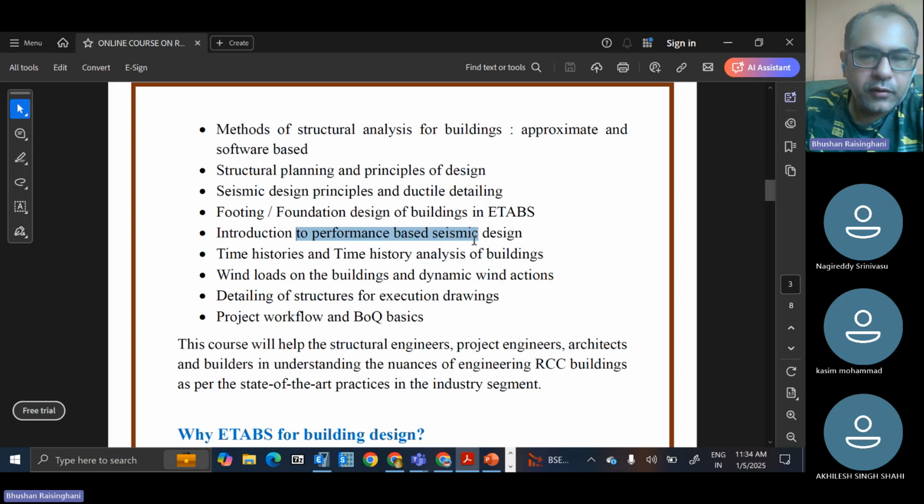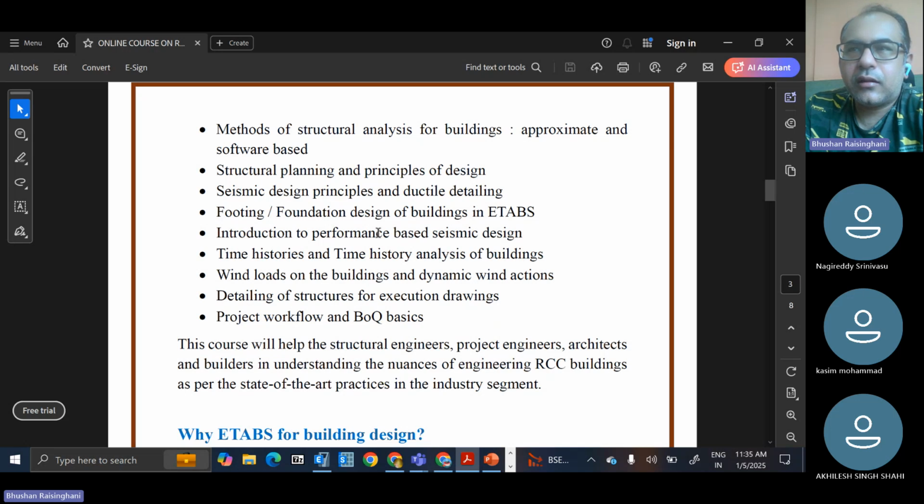Now, an introduction to performance-based seismic design, because it tells you what the important parameters are that you should consider. In the elastic design that you are undertaking for a building, you should take care of the post-disaster effect also: once the earthquake has happened, what will be the effect on the building.